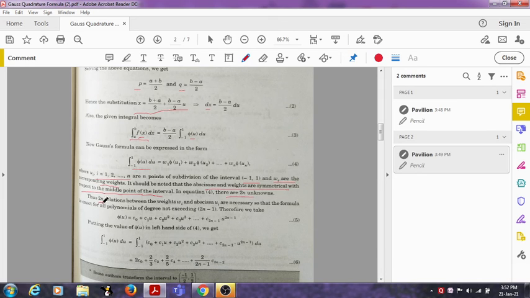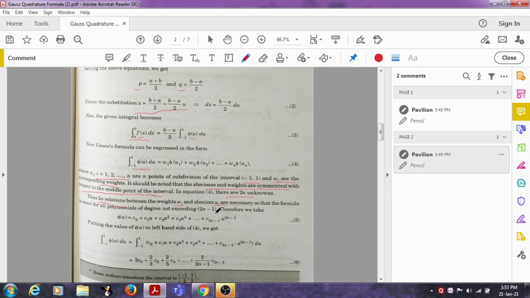These are 2n relations between the weights wi and the abscissa ui. We have taken earlier that if there are equations in 2n variables, they can fit a polynomial of degree 2n - 1.